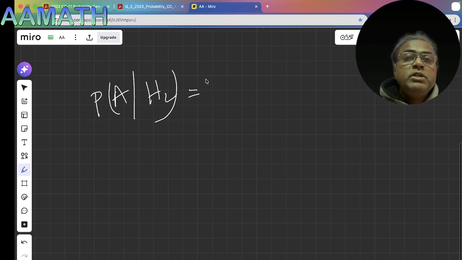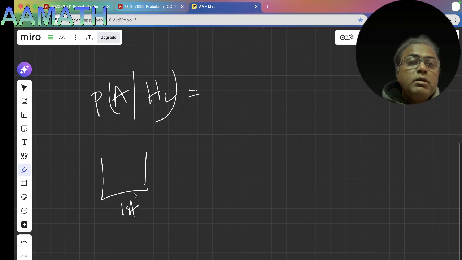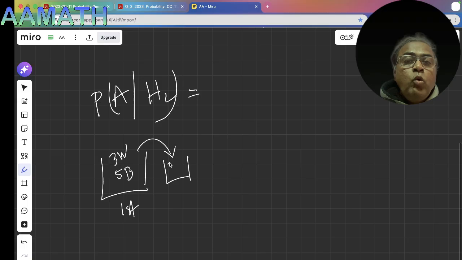So H2 happening means from the first urn, there are three white balls and five black balls. From the first urn, we drew two white balls and two black balls. This is the second urn.